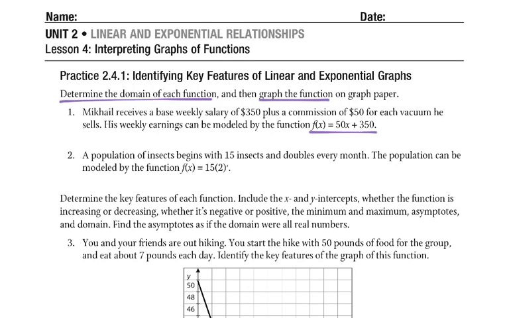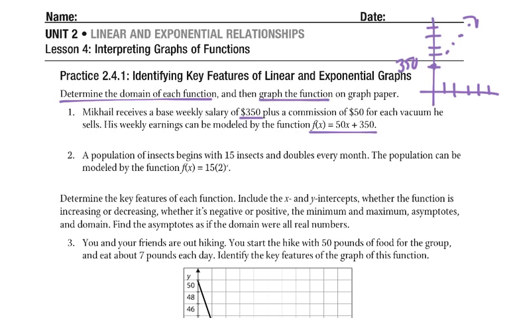Okay. So the idea here is, if you think about graphing this, he's never going to have a negative amount of sales. So if he doesn't sell any, he'll still get $350, right? So we'd start out here at $350, and then for every vacuum he sells, he makes $50 more, right?